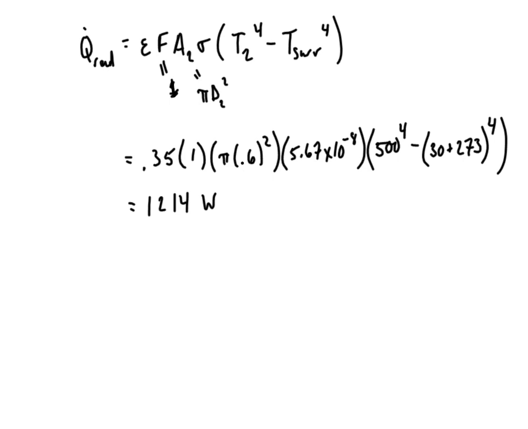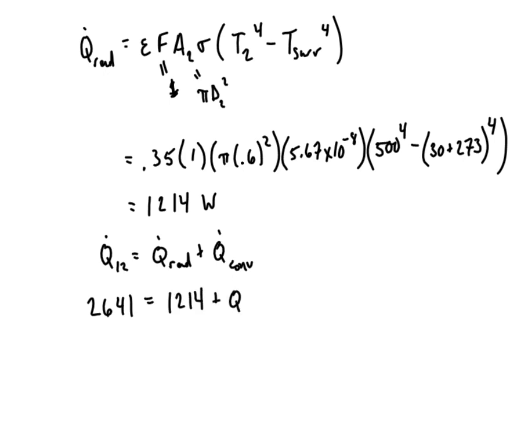And when we did our energy balance on our surface, we saw that Q dot from 1 to 2 was equal to Q dot rad plus Q dot that leaves from convection. Okay. So we start plugging in our values. We solve for Q12, that was 2641 equals Q rad, 1214, plus Q dot due to convection. One equation, one unknown.